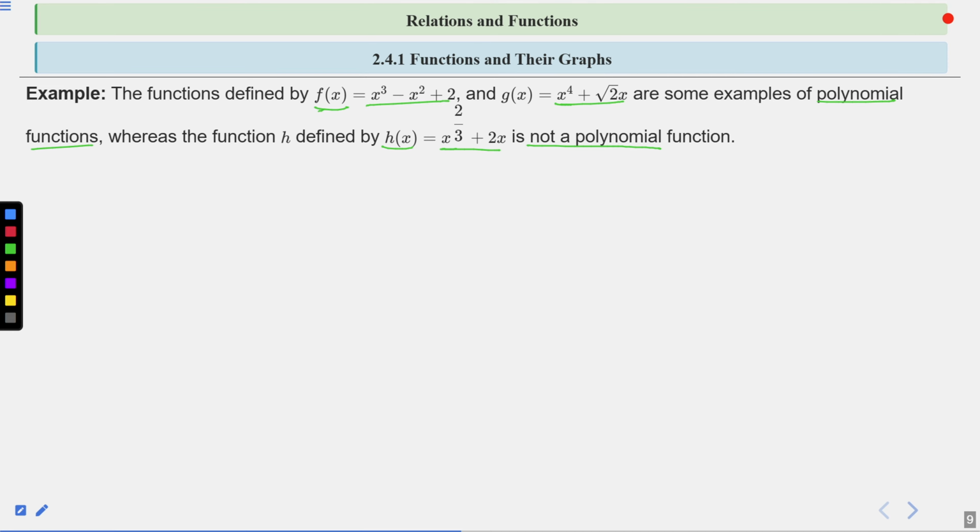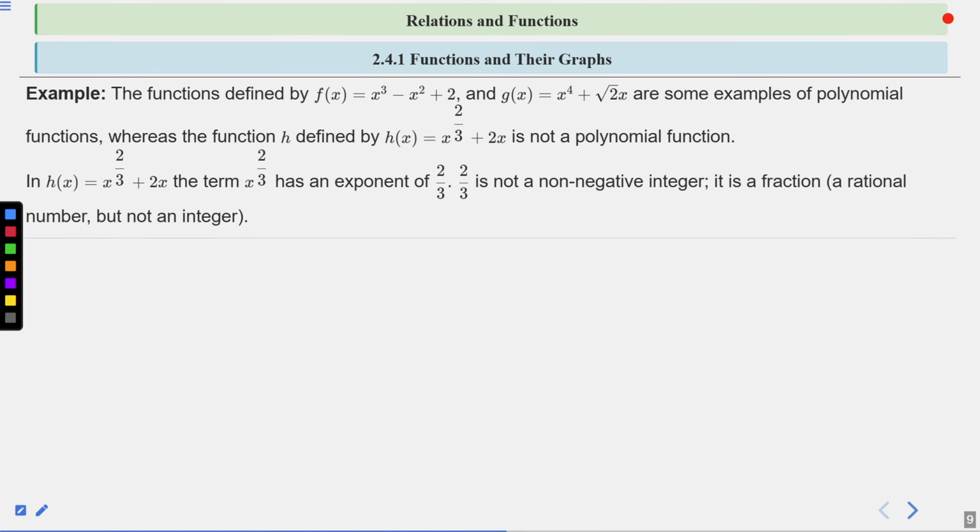So h(x) is not a polynomial function. Quite simple, x raised to power 2 by 3 has an exponent of 2 by 3, and 2 by 3 is not a non-negative integer. It is a fraction, a rational one, but not an integer. Clear? Moving to next.